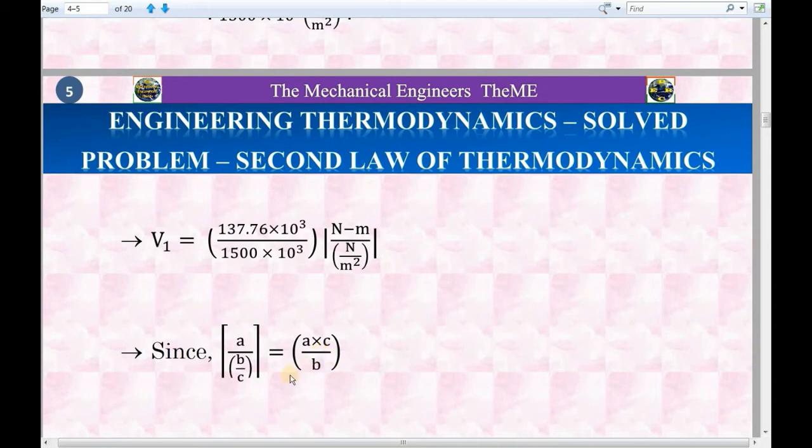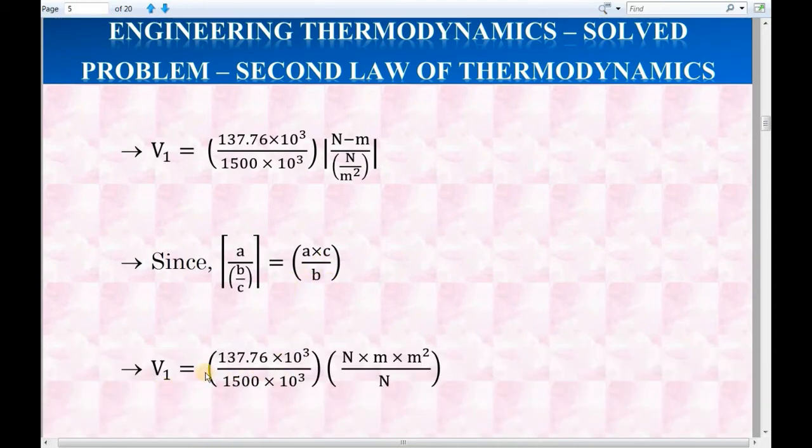Okay, so the next step will be V1 is equal to 137.76 into 10 power 3 divided by 1500 into 10 power 3 into Newton into meter square divided by Newton. In this RHS, 137.76 into 10 power 3 divided by 1500 into 10 power 3 is 0.09184, and Newton into meter square divided by Newton is meter cube, because Newton gets cancelled and meter into meter square is meter cube.